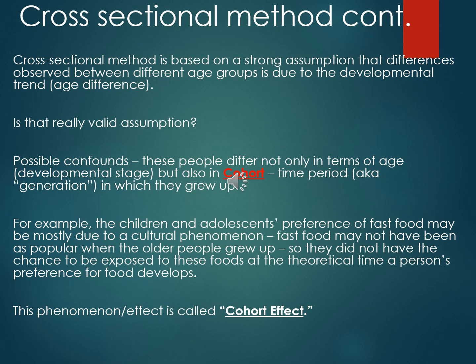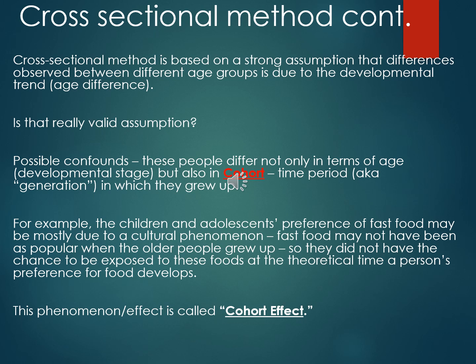Cohort effect associated with cross-sectional study is more fully discussed later. So the problem with cross-sectional study is the fact that people with a different age are different not just in terms of age, but the time in which they are growing up or spending their life. Therefore they are understood to belong to different cohorts.